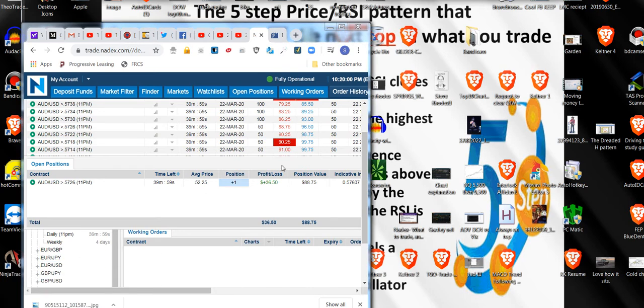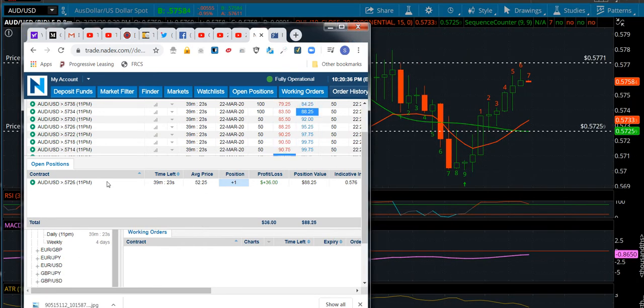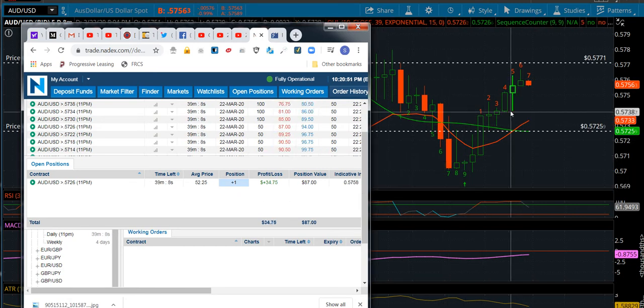Now, a little bit about these Nadex options: since options expire, there are 2 things working for me. The passage of time and price. Okay? Price has been going higher, gets me above my strike, right? This is called the strike. And time is passing away.